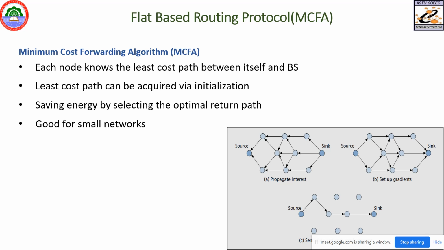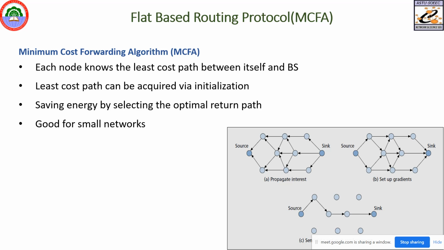So these nodes have no need of any identification information, and maintaining a routing table is also not required in this case. Instead, each node will maintain the least cost estimation to its neighbors and to the base station. It will maintain how much cost is required to reach the neighbor and how much cost is required to reach the base station.